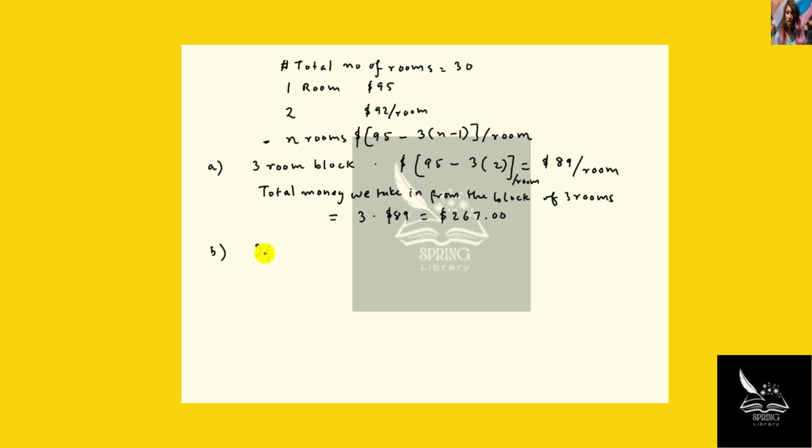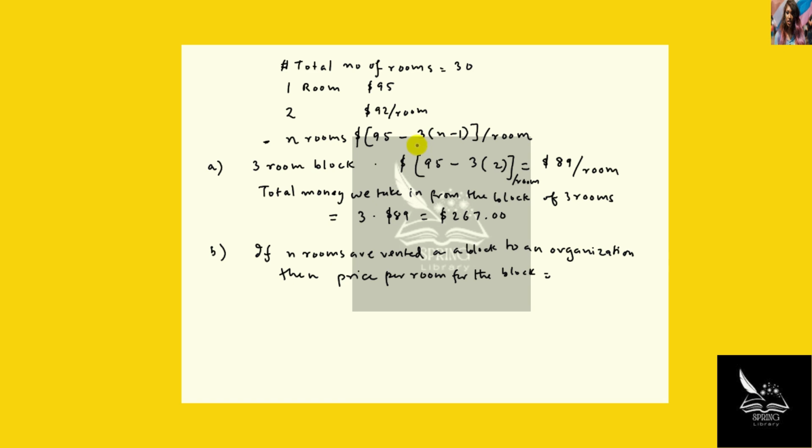If n rooms are rented as a block to an organization, then the price per room for the block is this function, which we can simplify a bit.